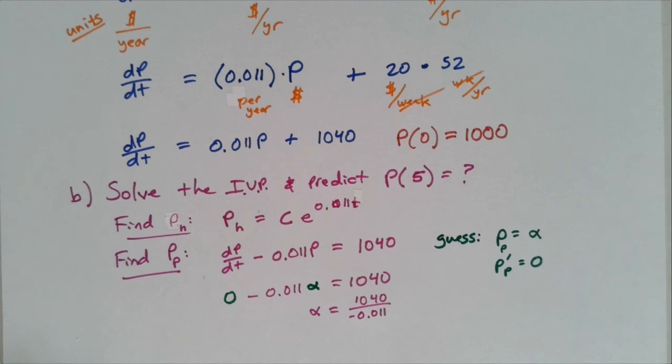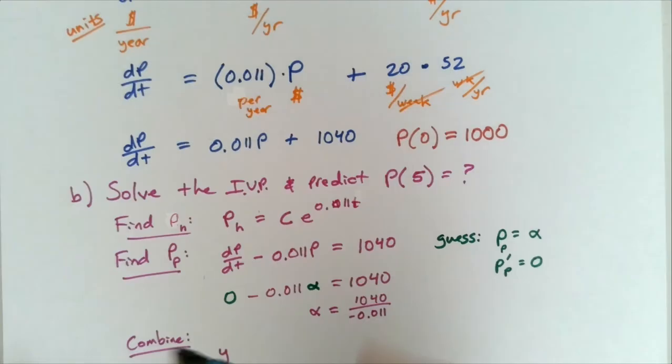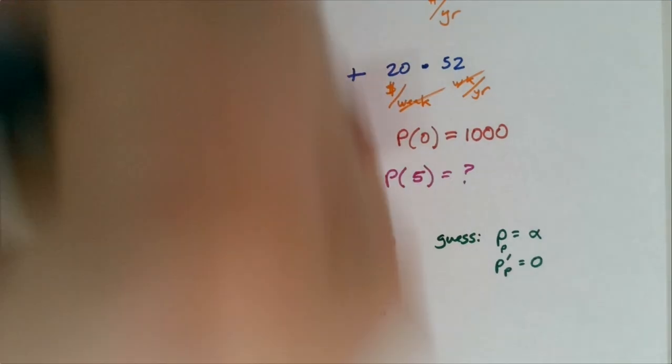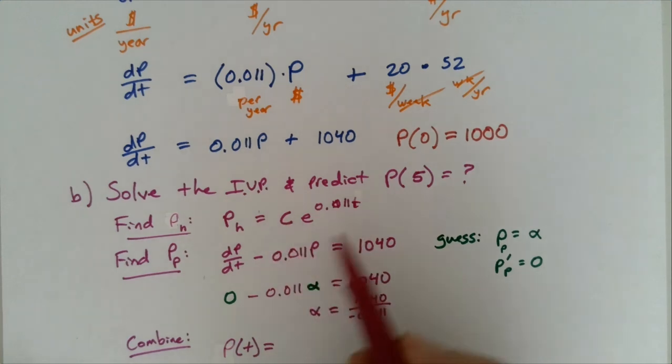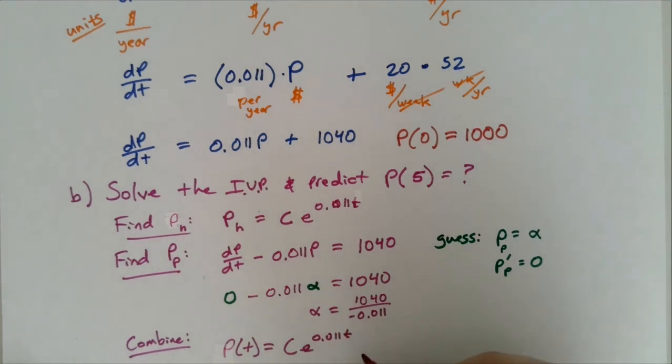But this now gives me my general solution. There I go writing a y again. I'm so used to writing y's. My general solution for this is going to be P of t equals my homogeneous solution, C e to the 0.011t, plus my particular solution, which is just alpha, which is just minus 1040 over 0.011.